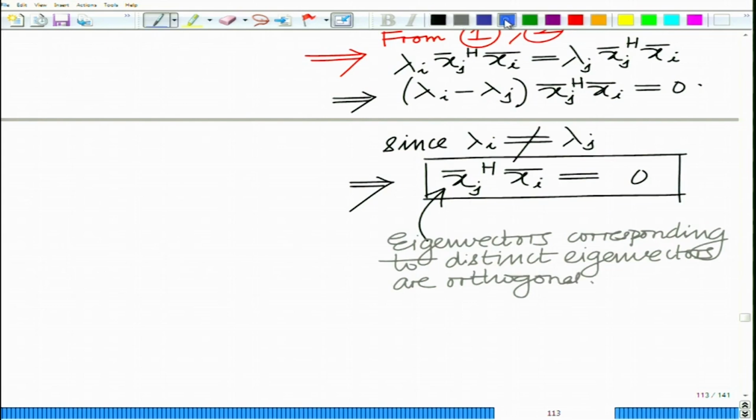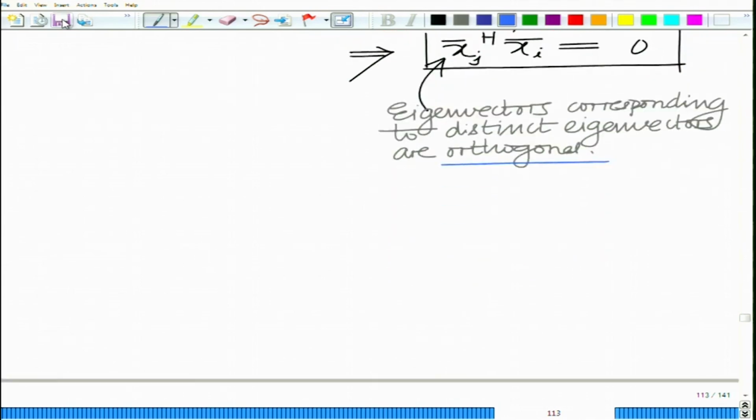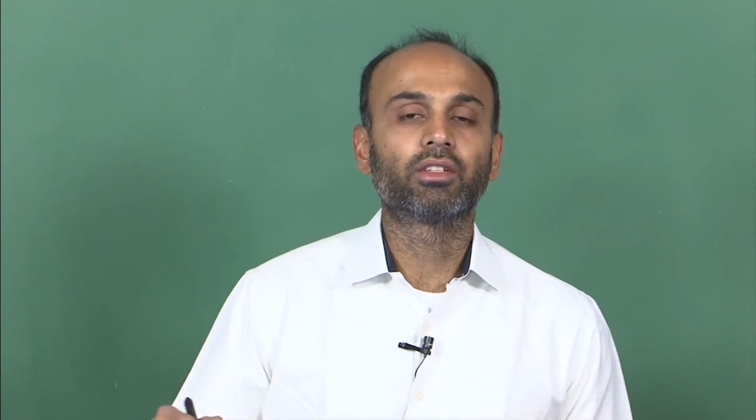Eigenvectors corresponding to distinct eigenvalues are orthogonal for a Hermitian symmetric matrix. Okay, and these are two important and interesting properties of Hermitian symmetric matrices that one uses frequently during the development of various techniques for optimization. Okay, all right. Let us look at another example.